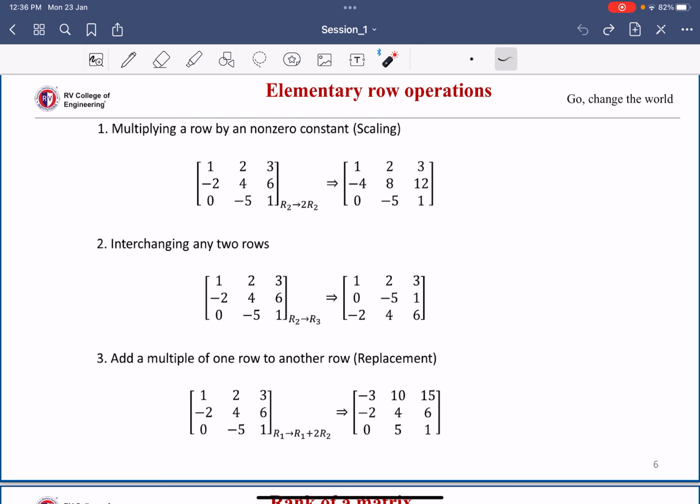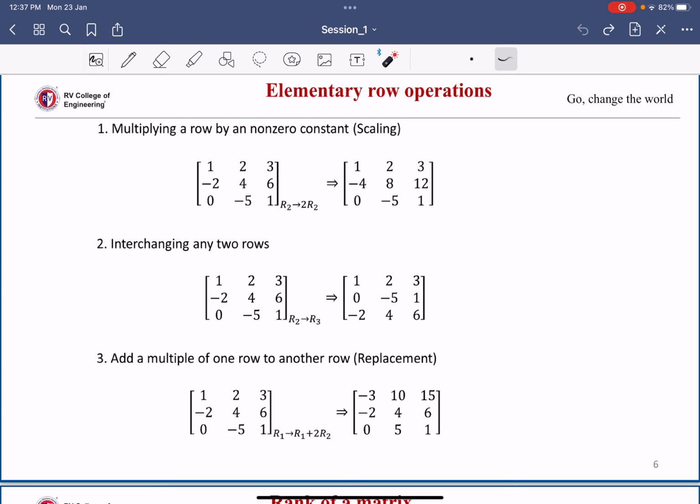The second transformation is interchanging any two rows. I can interchange R1 with R2, or R2 with R3, or R3 with R1. So I have considered the same original matrix and I am interchanging the second row and the third row.